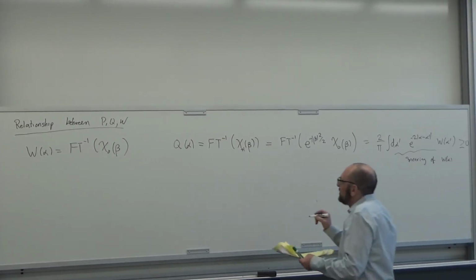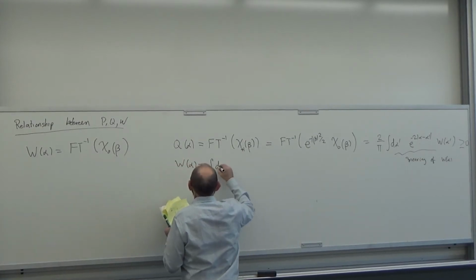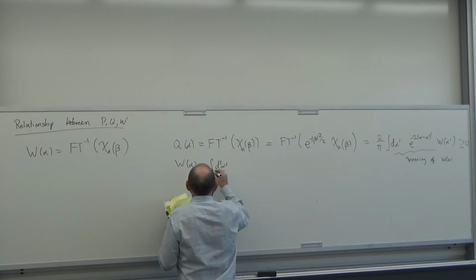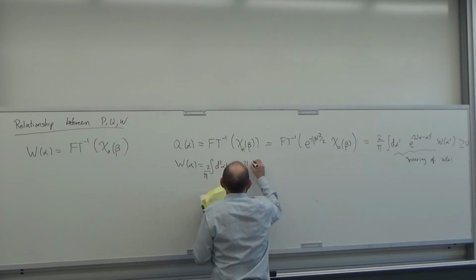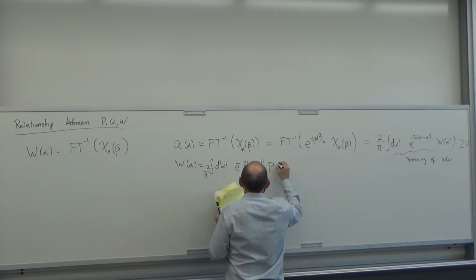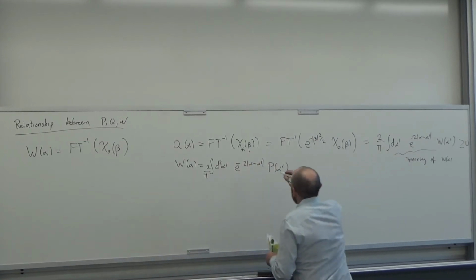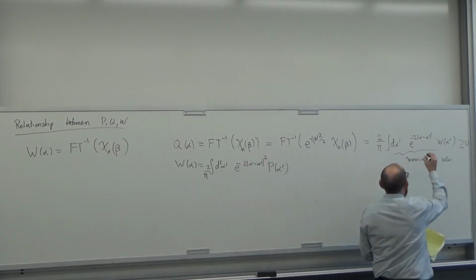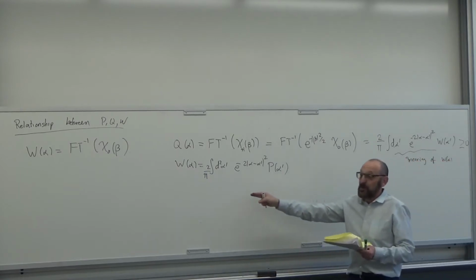The same thing is true: the Wigner function is a smeared version of the P function. Whereas the P function might not exist, this smeared version of it always will.